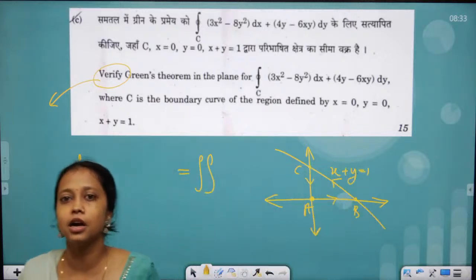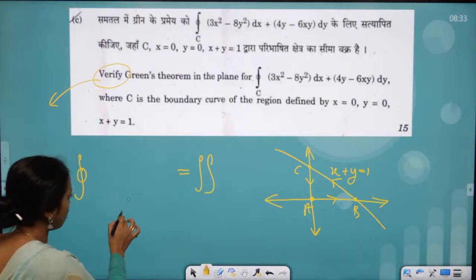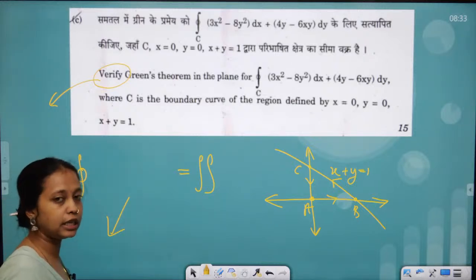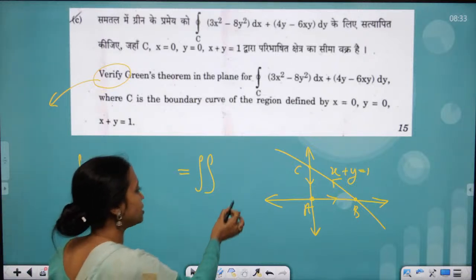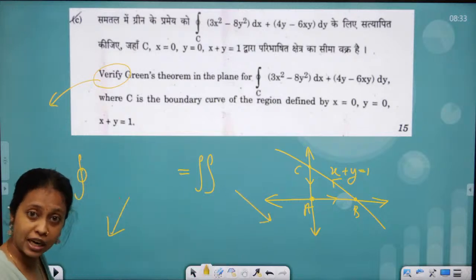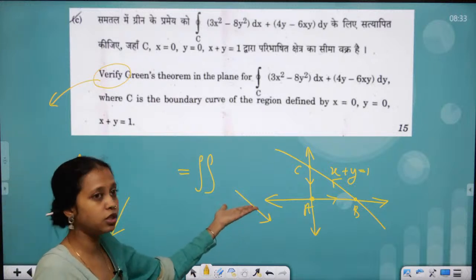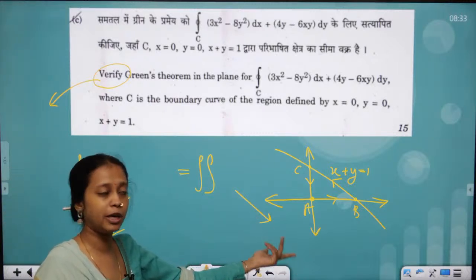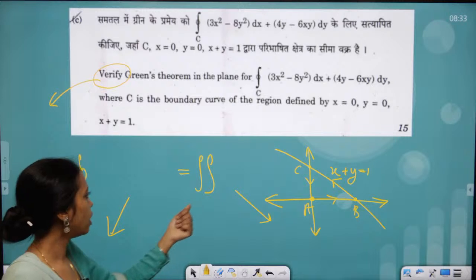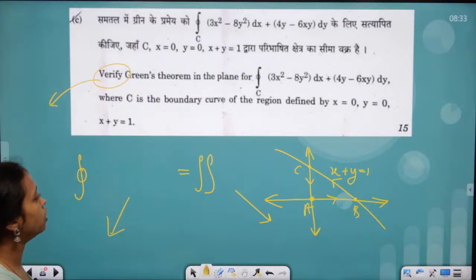They are not asking for the answer. You have to solve the line integral and the surface integral separately, because the question is verify. It's not like this seems easy, so you can solve it by the surface integral. No, you have to do both of the parts.